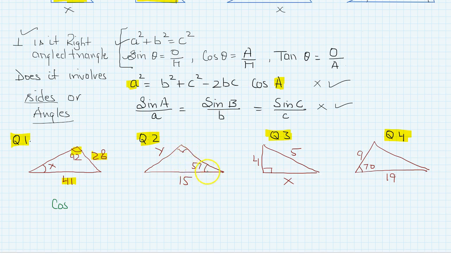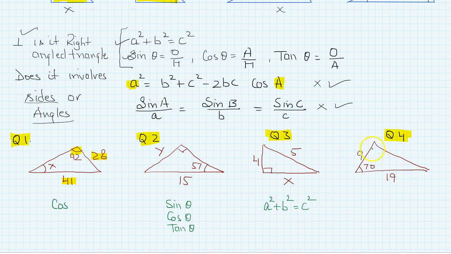Yes, it's involving the angle. So if an angle is involved, then we use the sine, cos or tan. You must be knowing SOHCAHTOA. We are using that. Now the third, is it a right angle triangle? Yes. Does it involve sides only? Yes. No angle is given. So we are going to use a square plus b square is equal to c square. We are going to use the Pythagoras theorem.